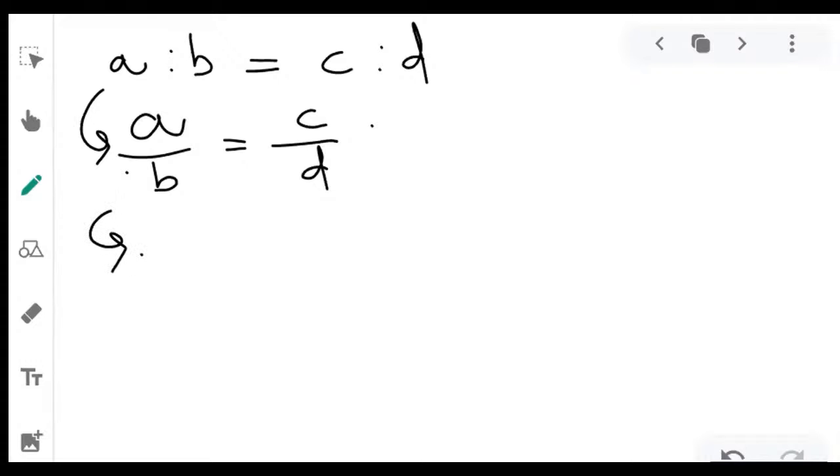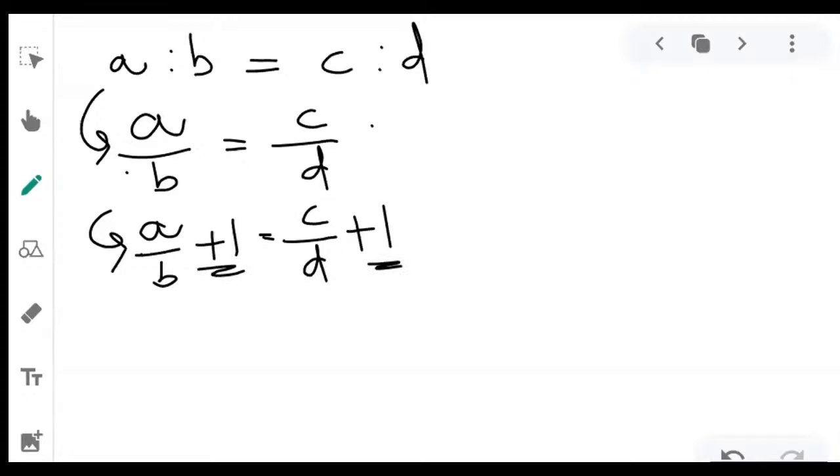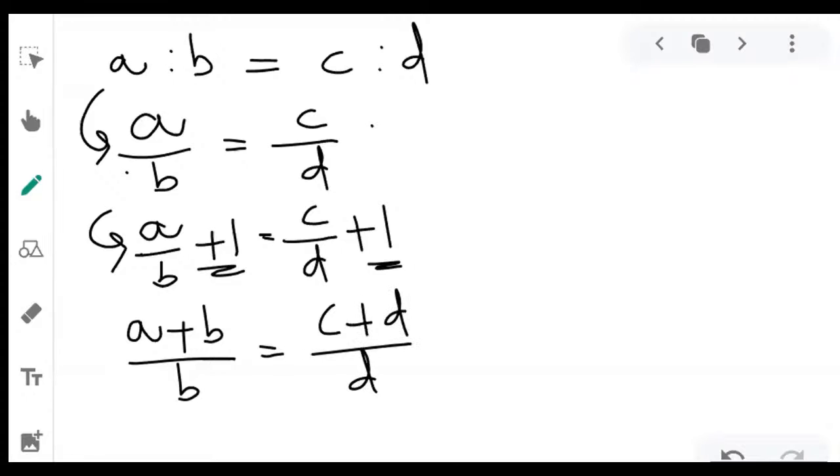Then if I do plus 1 on both sides, it's the same thing because I'm doing plus 1 on both sides. So if I do LCM, A plus B by B is equal to C plus D by D.